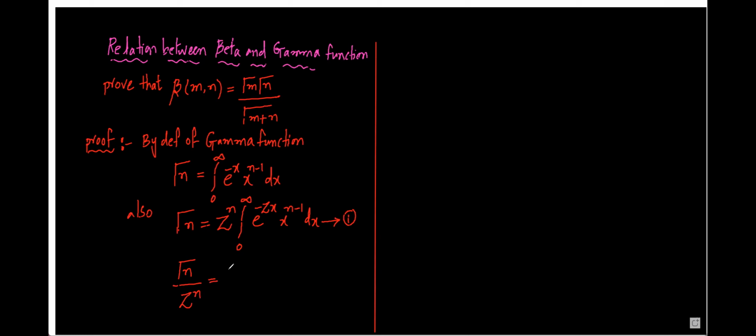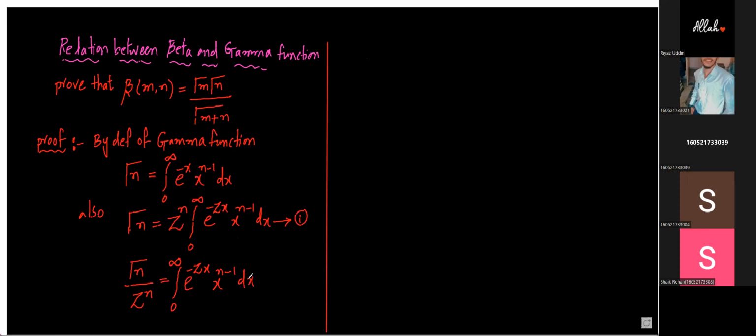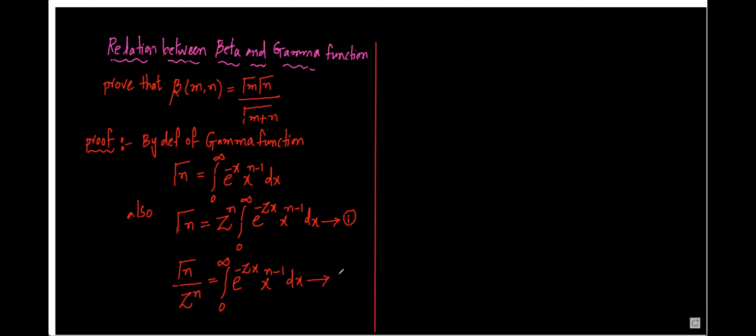It is equal to integral 0 to infinity e to the power of minus zx and x to the power of n minus 1 into dx. Okay, this is taken as the second equation.